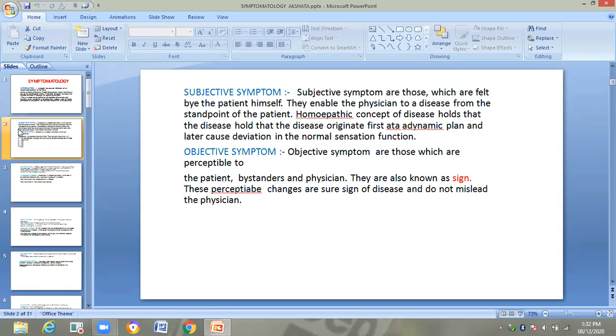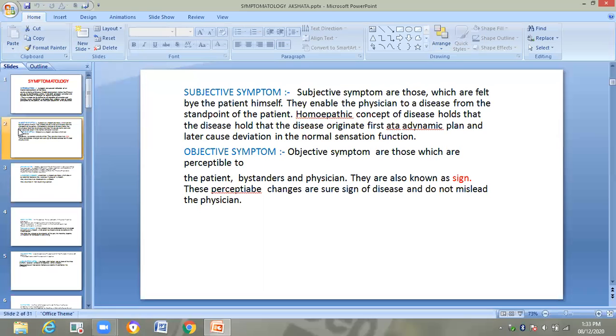So many times we see in society that some persons feel uneasiness, there are some abnormal sensations, but in all their investigations there is no disease diagnosis.